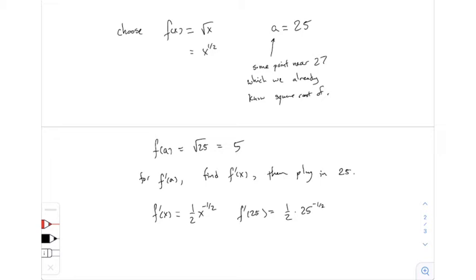Now, I would like to simplify that. I mean, the whole point of this problem is to do everything by hand. So can we simplify this as much as possible? What do you do with 25 to the negative 1/2? I'll leave the 1/2 like it is for now. 25 to the negative 1/2. 1/5. Yeah, how did you get that?